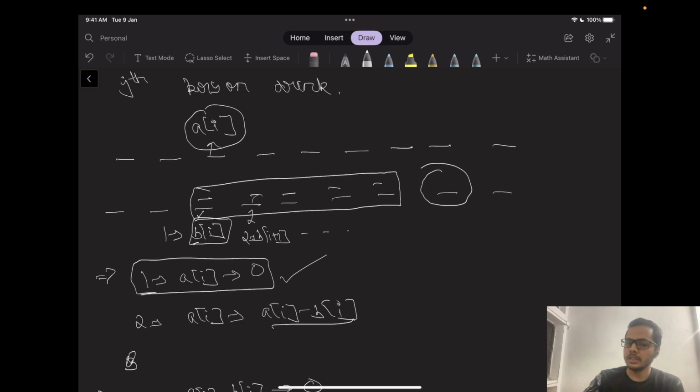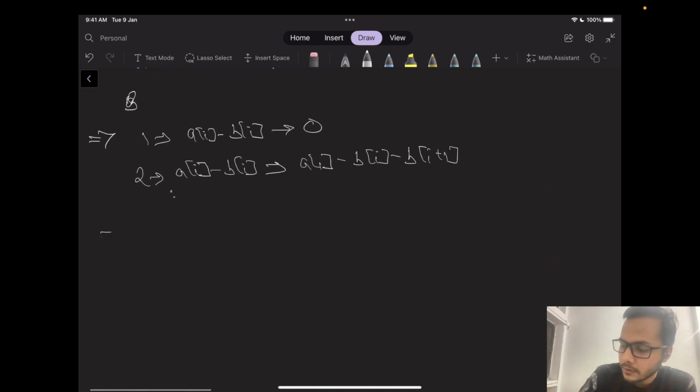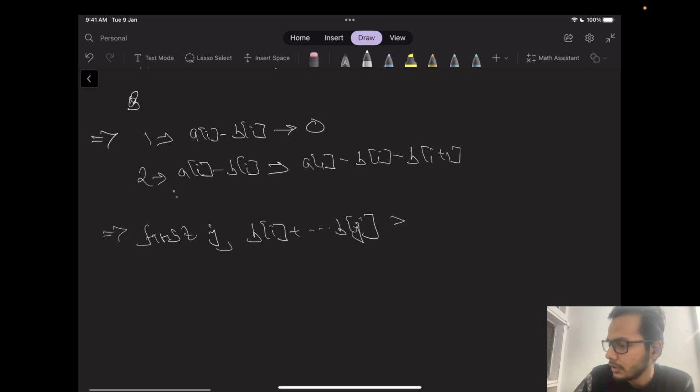And how can we do this? We can do this with a simple binary search. We can use a simple lower bound on the prefix sums of b to find the first j such that bi plus up till bj is strictly greater than ai.